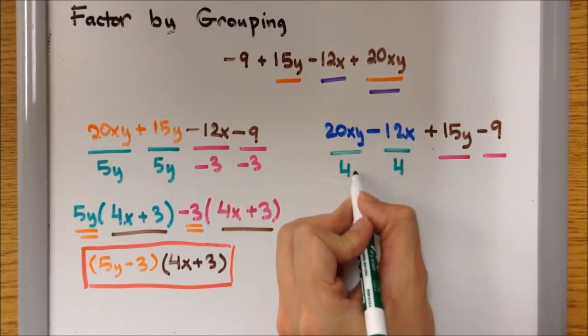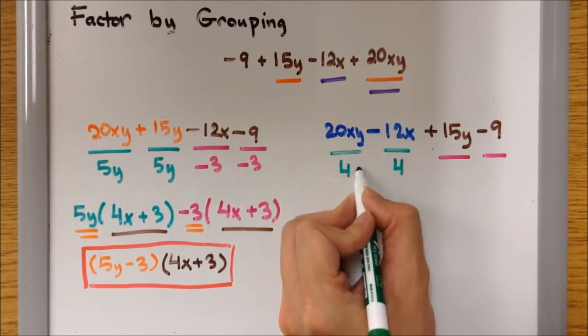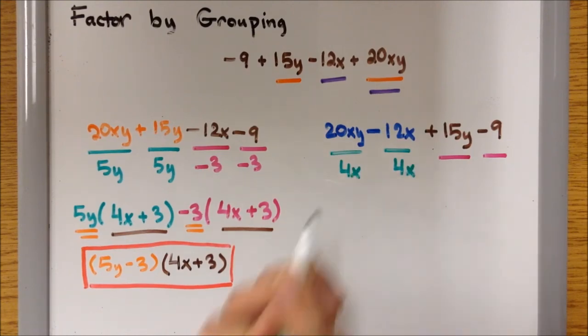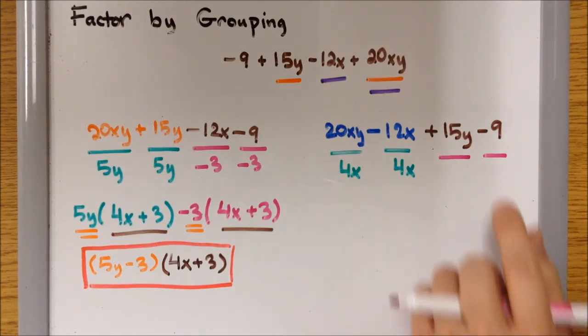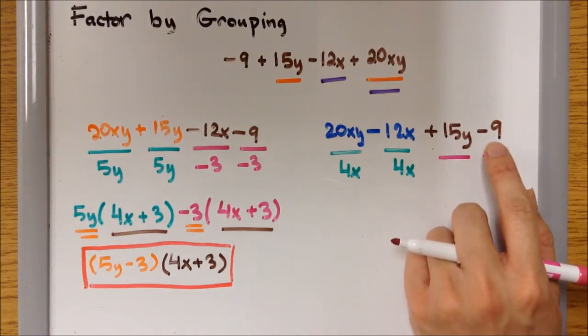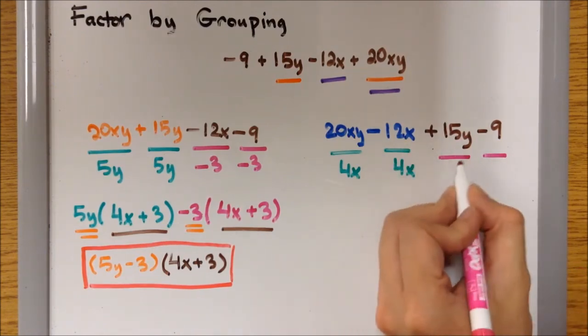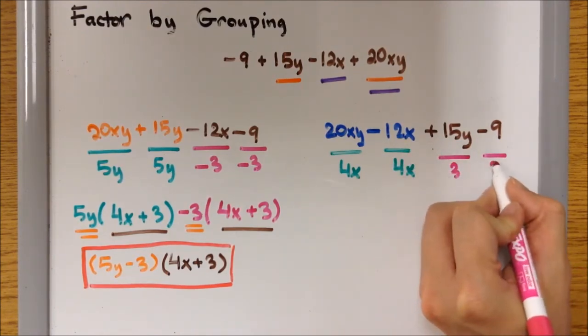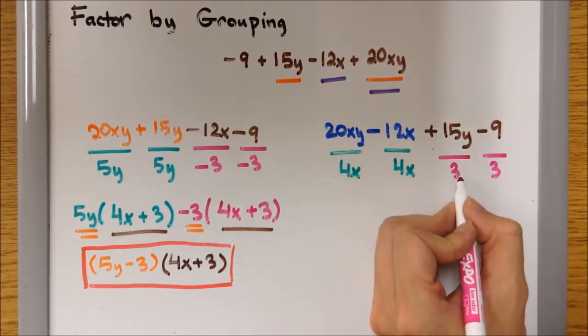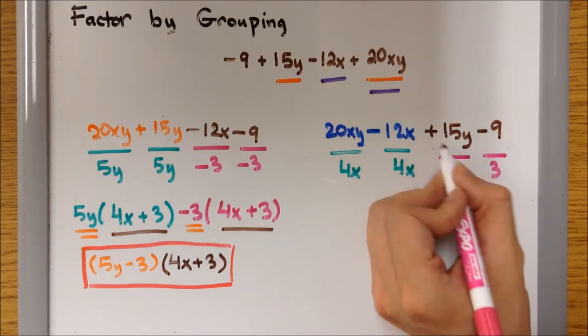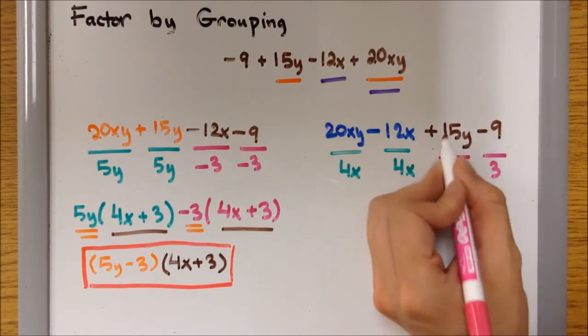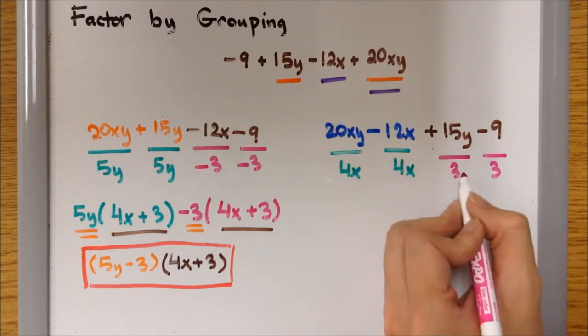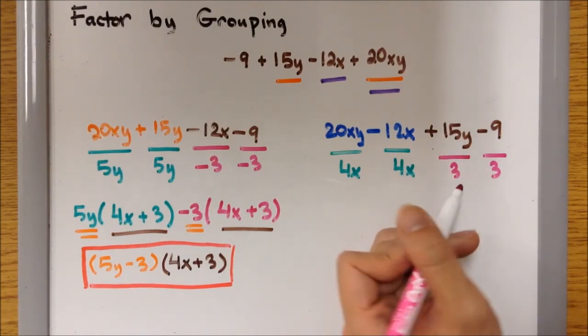And they both have x, so that's what I'm also going to factor out. So 4x. And then on my right side, what's in common between 15y and negative 9 is positive 3. Now the reason I'm factoring out positive 3 is because the first term of the right side is positive. So I'm going to factor out positive 3.